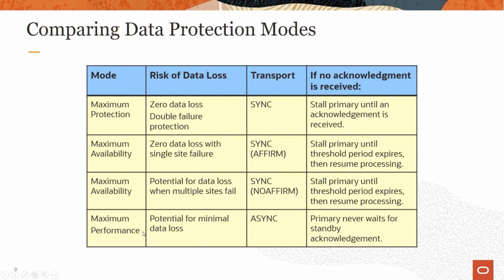And maximum performance: its main goal is maintaining good performance of primary database transactions. Because of async redo shipping, in case of a single or double failure, you have a potential loss of data, even though that is minimal.